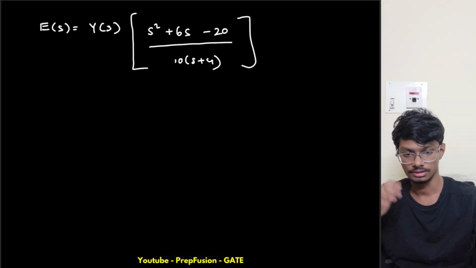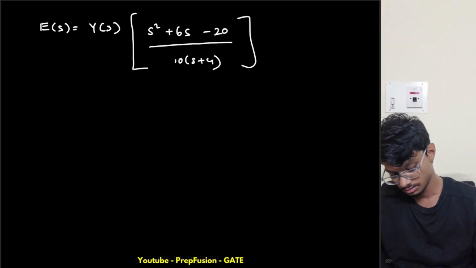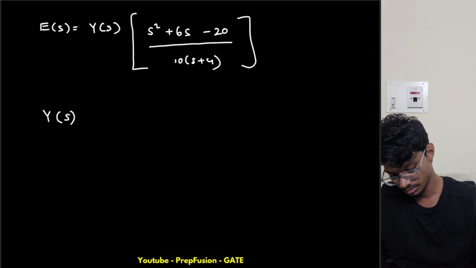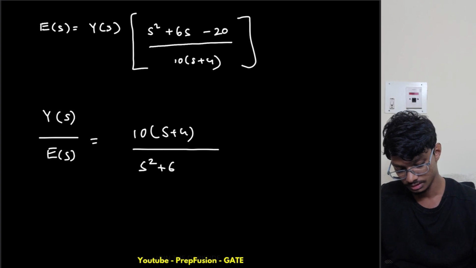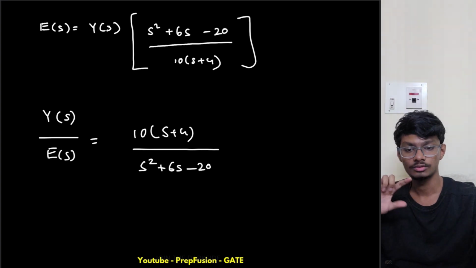So I can cross multiply. So y of s upon E of s equals 10 upon s plus 4 into s square plus 6s minus 20. So yeah, this is how you can solve it.